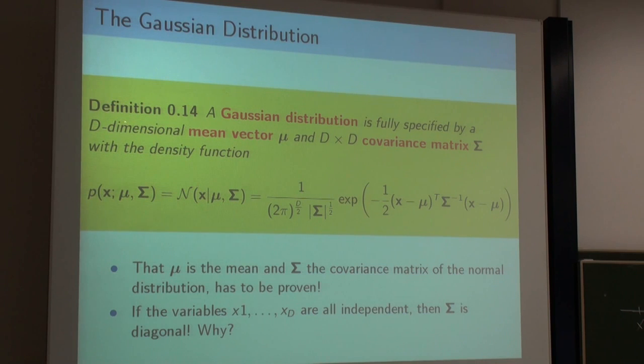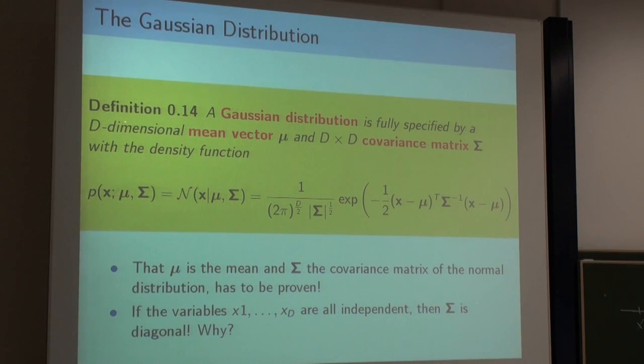Oh yeah, okay, and here we have another remark. If the variables x1 through xd are all independent, then sigma is a diagonal matrix. Why is this the case? We have just talked about independence. Because the covariance is 0? Yeah.